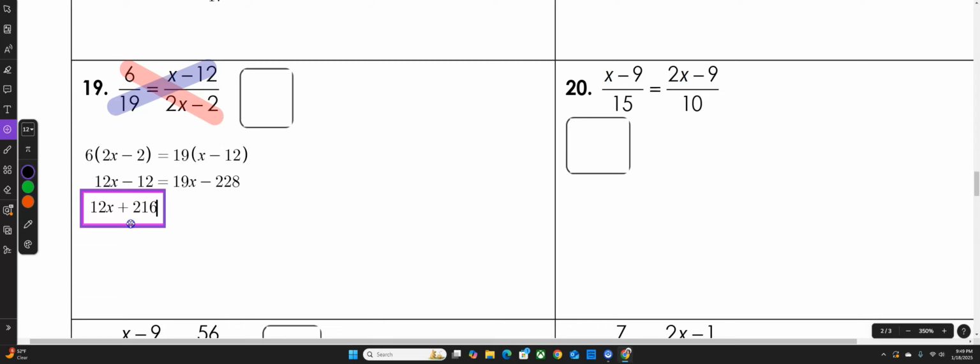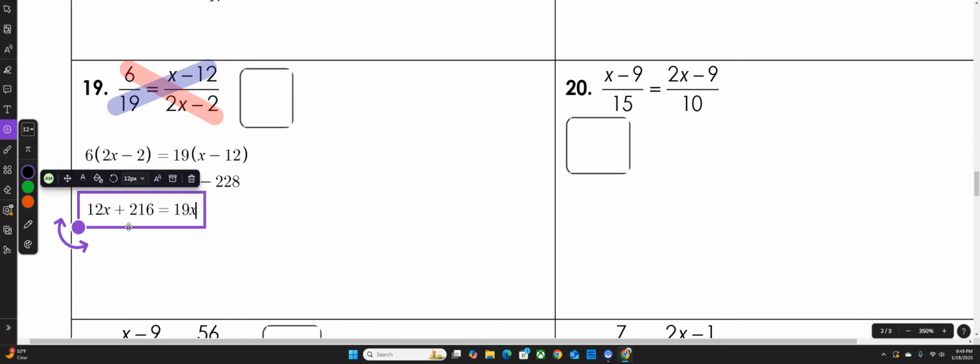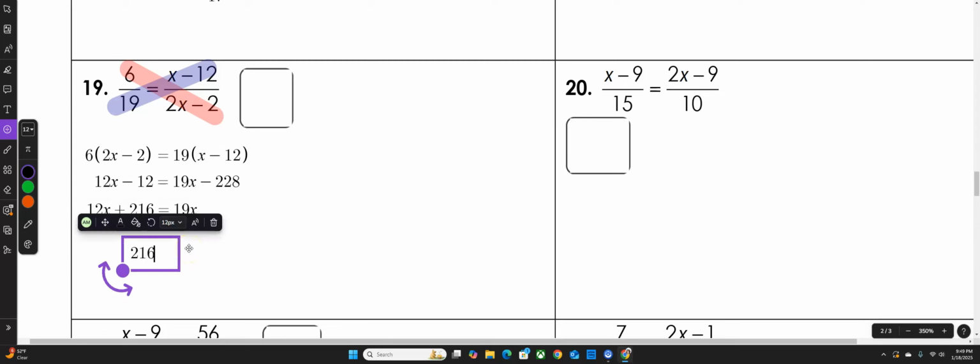And we're going to set that equal to 19x. Then I'm going to subtract 12x from both sides. So I'm going to get 216 is equal to 7x. And we're going to go ahead and see if we can simplify that. We cannot.